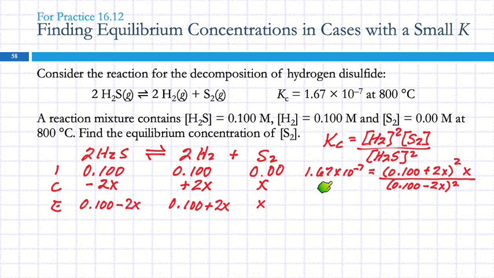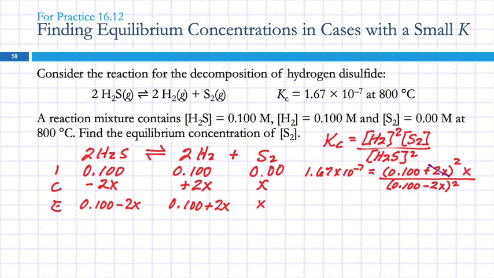Our equilibrium constant is small. This reaction is not going to go very far. So we're going to use the x is small approximation. So if we say that x is small, this gets very simple.